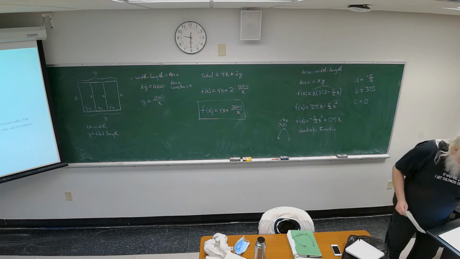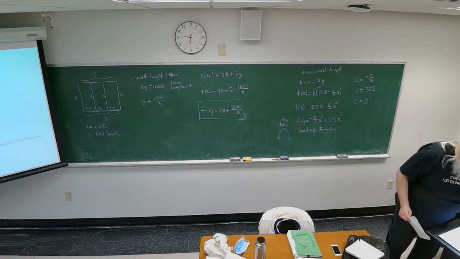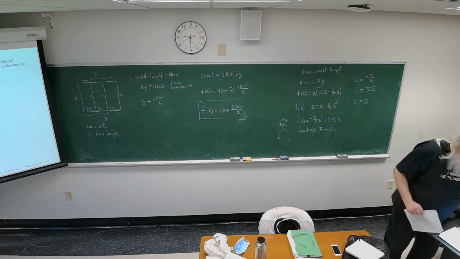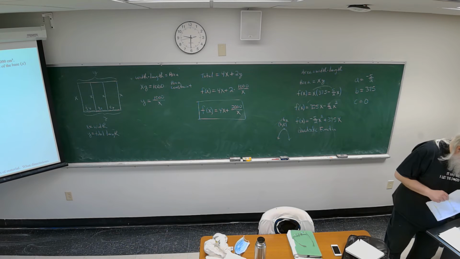So flip over to page 3. Now we're back to working with boxes. A wooden rectangular box with a square base of length x and height h is to have a volume of 32,000 centimeters cubed.